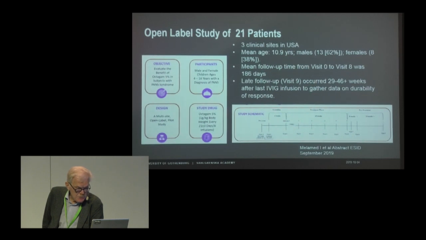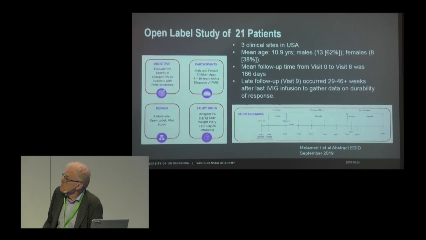And the participants, as you see, are children between 4 and 16 years old with a diagnosis of PANS. And it's a multi-site open-label study, 3 clinical sites. The median age is 11 years, and more males than females.